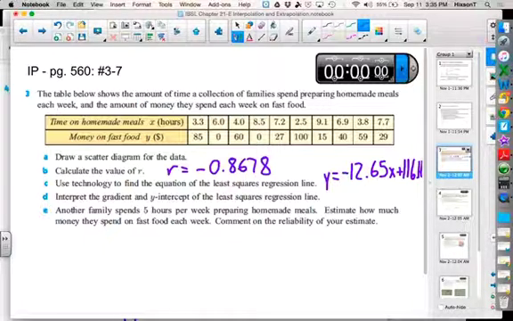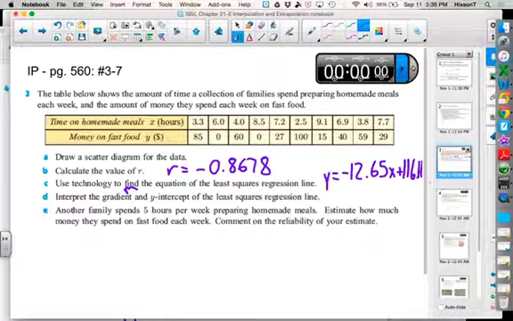Real quick, what is the gradient going to tell us here? What's the slope or the gradient? Where gradient equals slope. That's how much money you spend on fast food for each hour you stop cooking homemade meals. Is that right? That's actually backwards. Hang on, what's y?